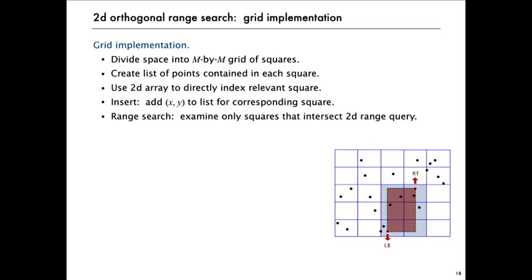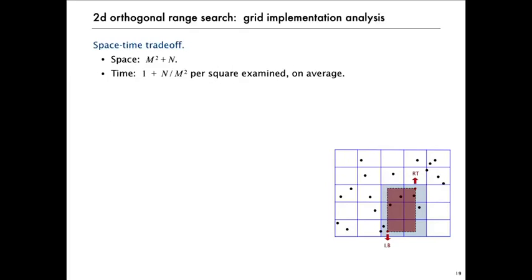And for insert, you just take x, y, figure out which square it belongs to, simply divide both coordinates by m, and look in the two-dimensional array, and just add the point to the list for the corresponding square. Then range search is only find the squares that intersect the query and process the points in that square.